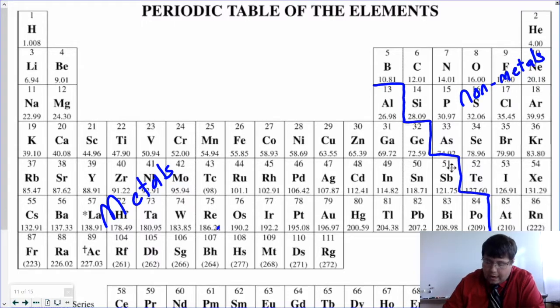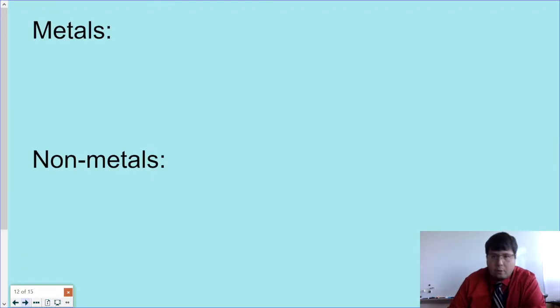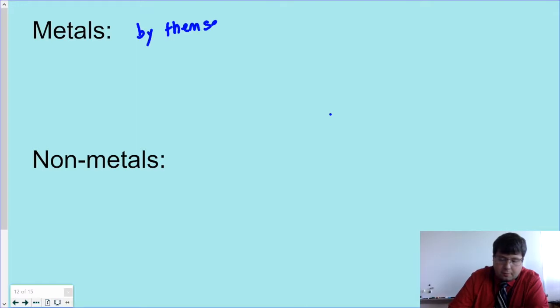Now in the middle, you're going to have your metalloids or your semimetals, which are going to have properties of both metals and nonmetals, but we're not going to discuss those today. Now, one additional thing you want to know about metals versus nonmetals is the type of compounds they tend to form. Metals, when combined with themselves, tend to form metallic compounds.